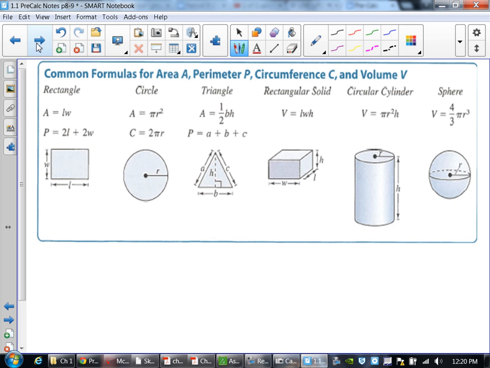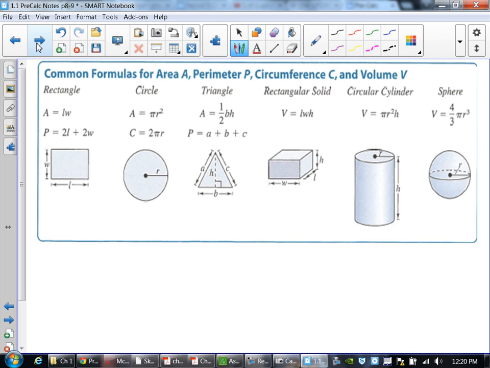That's not a cylinder, it's a rectangular prism, thank you. I forgot what that was called. The cylinder and then the sphere. Those were all formulas you guys used a ton of last year in geometry. They should not be that difficult to work with.